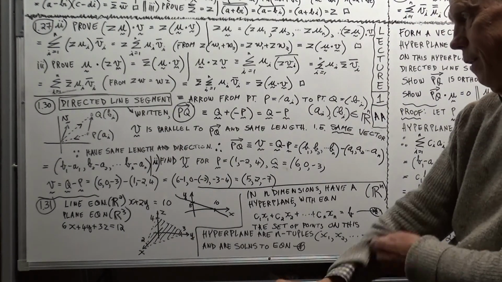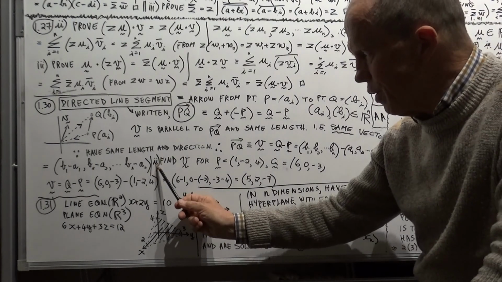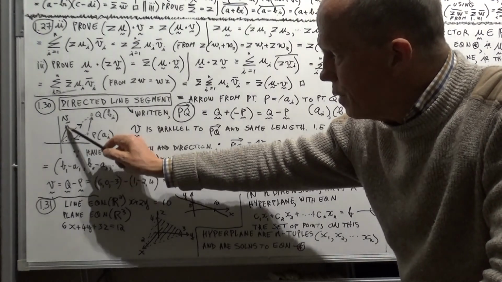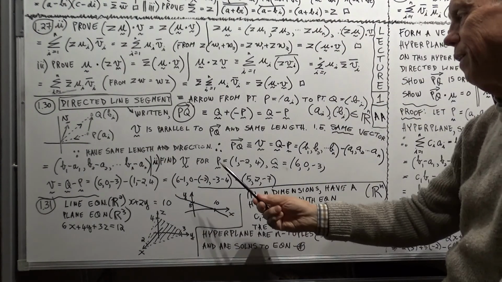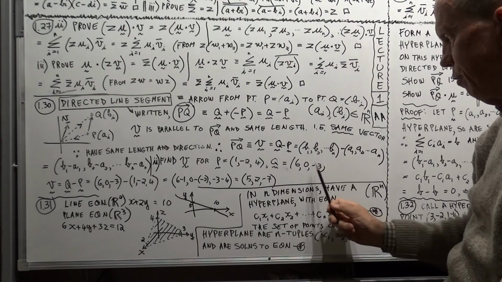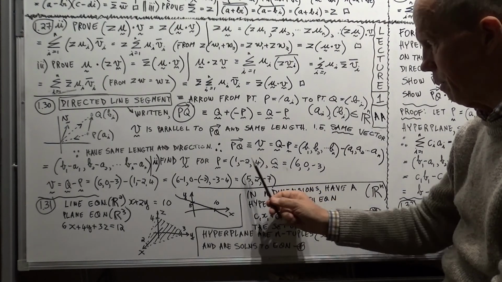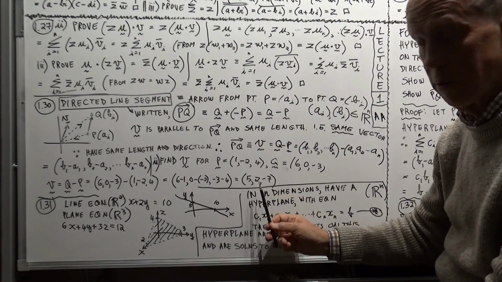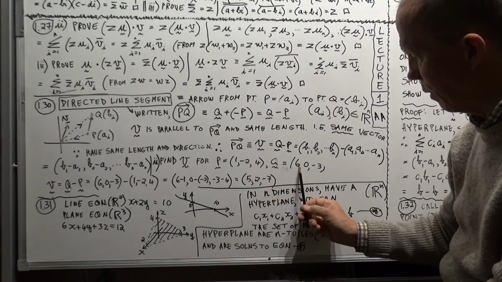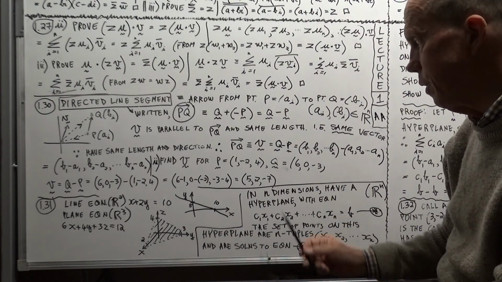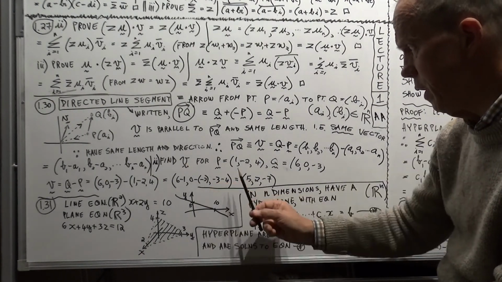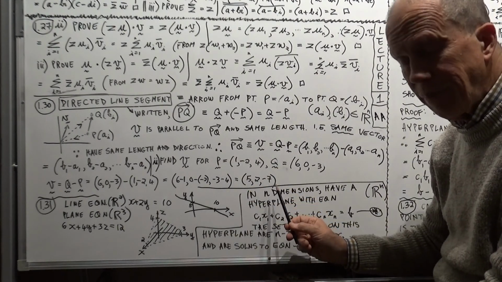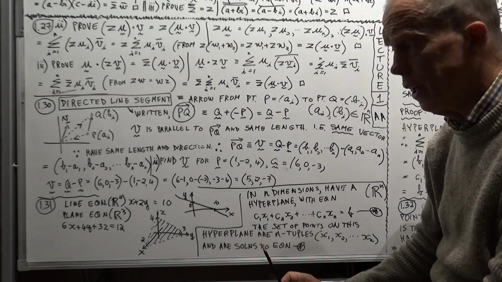All right, now let's actually do an example. In part 2 of the question, you're asked to find V, like this one. We're now in 3 space, 3 real space, because these vectors have 3 real components, and you're asked to find the vector V given these 2 points, which define your directed line segment.